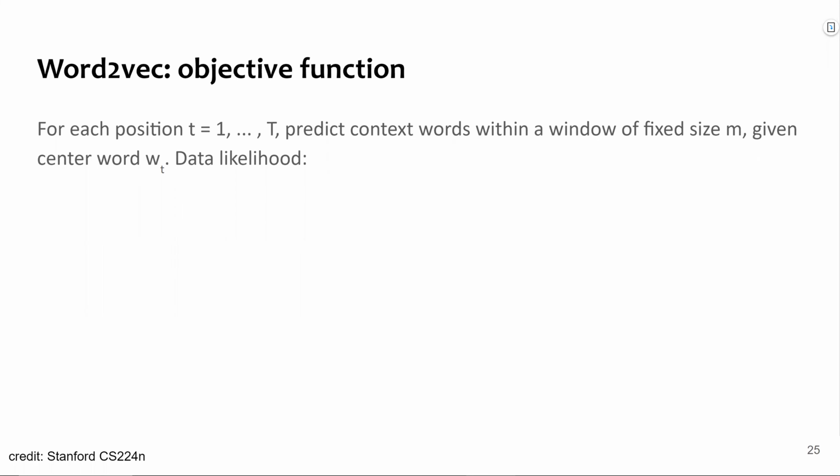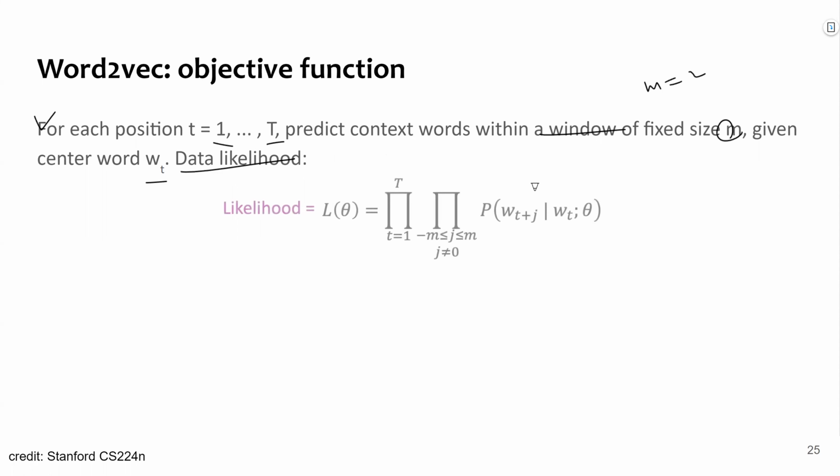Then how do we train or learn word vectors? This is how I do it. For each position t from 1 to T, where T is the length of the corpus we have, we are going to predict context words within a window of fixed size m. In the previous slide, I gave you the example of m equals 2, given center word w_t. The data likelihood can be calculated in this way.